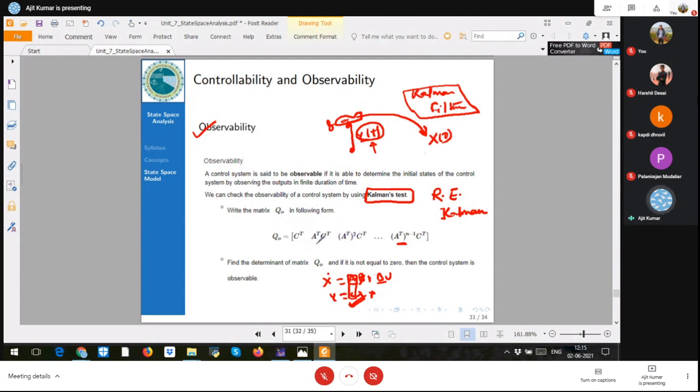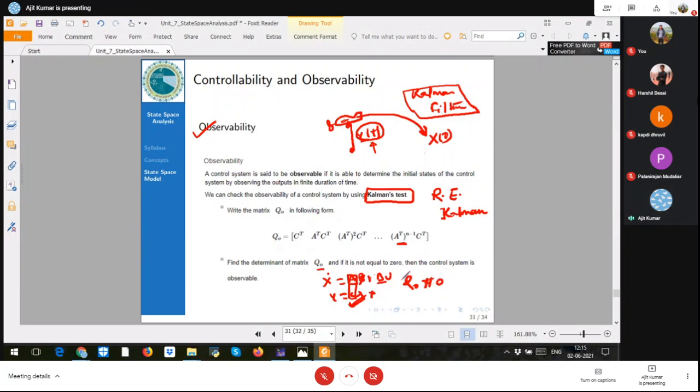In observability we have to ensure that the determinant of Q naught, the observability matrix, is not equal to 0, just like the controllability matrix QC was not equal to 0.